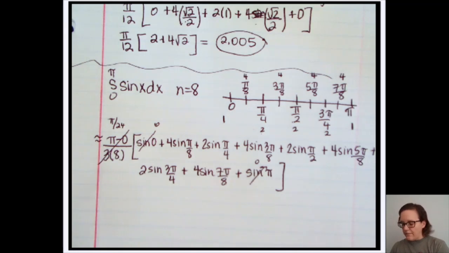So 4 times the sine of pi over 8. Okay, and just start plugging it in. Again, you do have to be in radians to do it this way. Of 3 pi over 8. We're going to hope I have the right amount of parentheses in here.